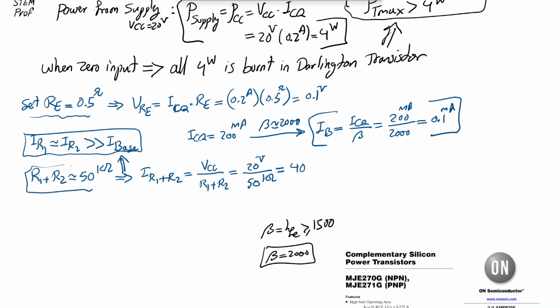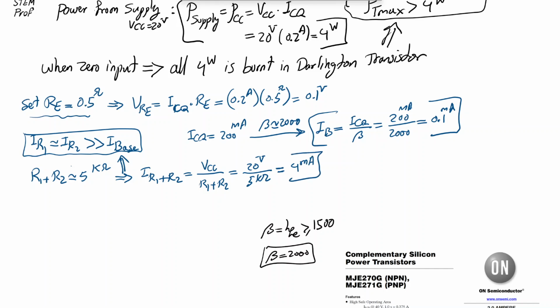I think so. Let me just make sure I'm not making a mistake here. Let's say it's 5 kilo ohm, my bad, so that we get large enough. If we set it to 5 kilo ohm, now it's better. 20 divided by 5K gives 4 milliamp.